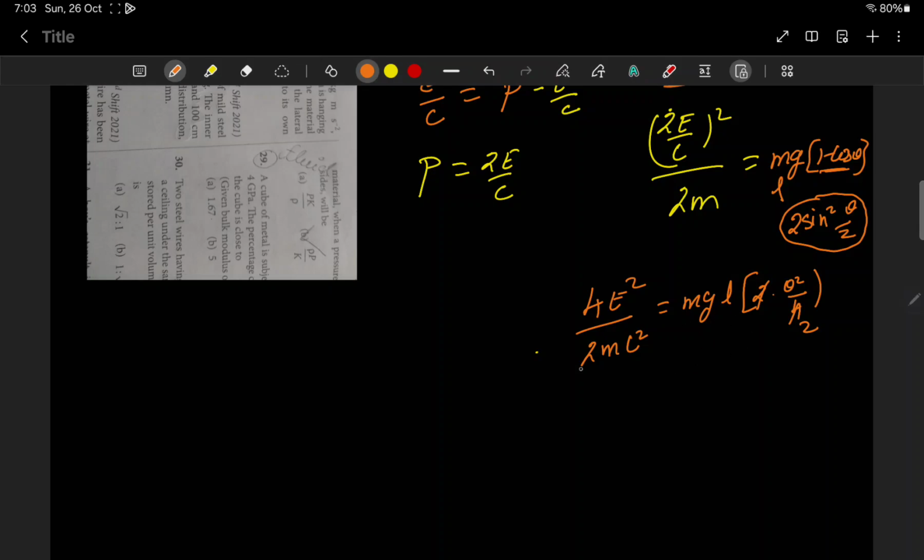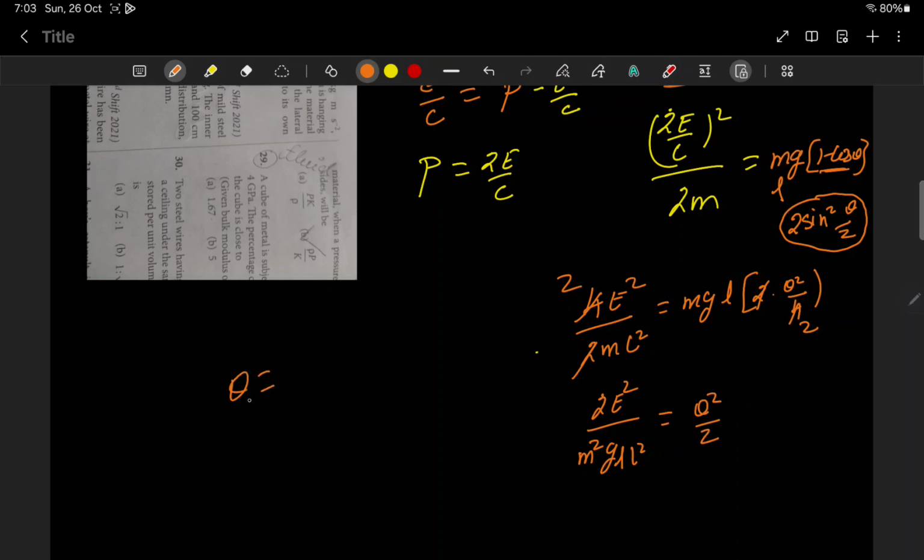Balance everything and bring it here: mgL, bring this here. So 4, we can cut this and get 2. 2E squared over m squared g L c squared is equal to theta squared by 2.